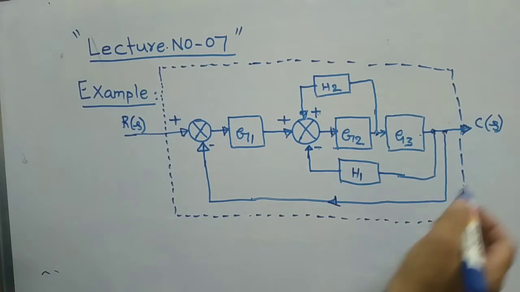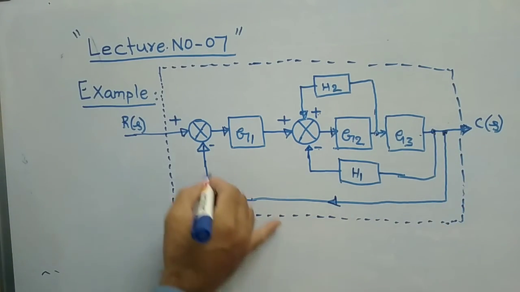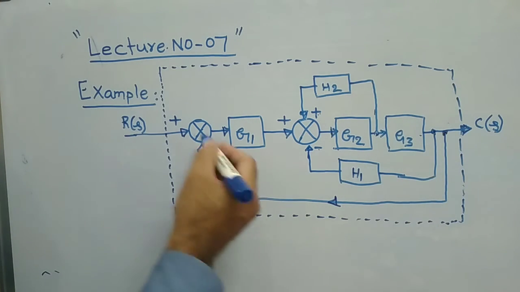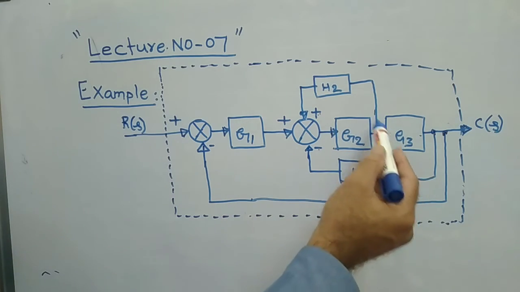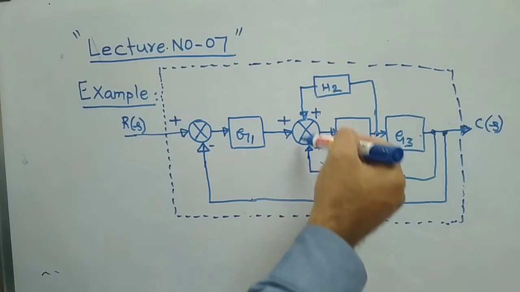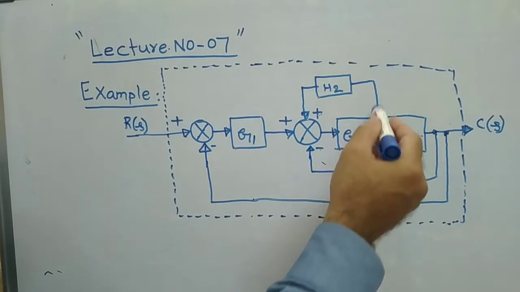Therefore, as per that statement, in the first step I will not touch this loop. I will think about the internal loops. So you focus up to this portion only, because two loops are there here.